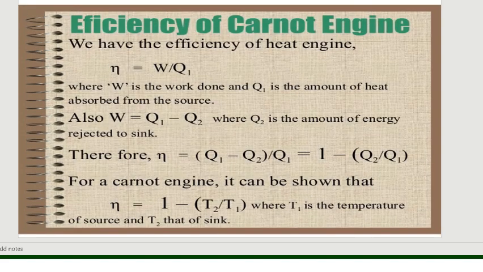Next, last is the efficiency of the Carnot engine. So we know that efficiency is the work done to the heat supplied. In the first law of thermodynamics and its applications, we have already learnt the isothermal process and the adiabatic process, and also derived the expressions for work done in an isothermal process and in an adiabatic process.